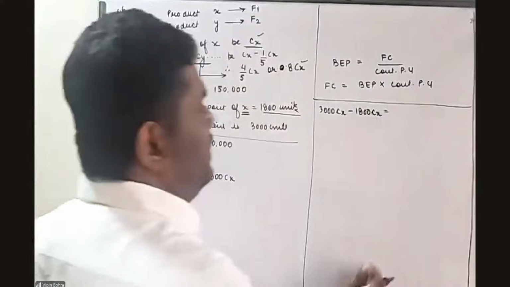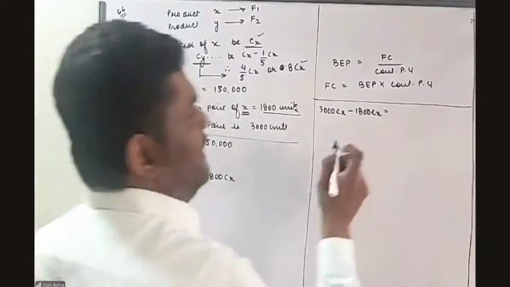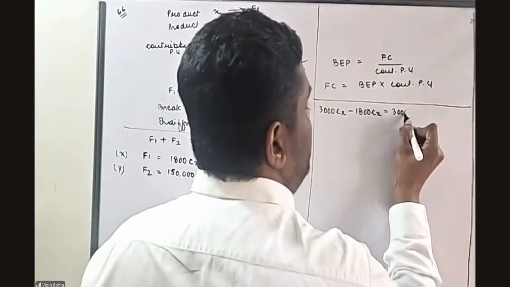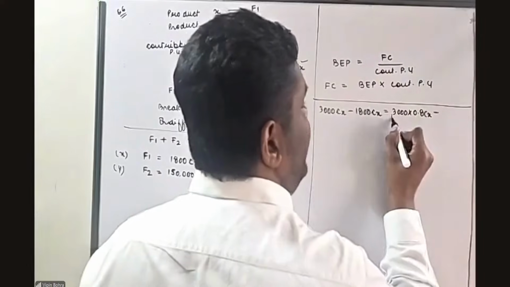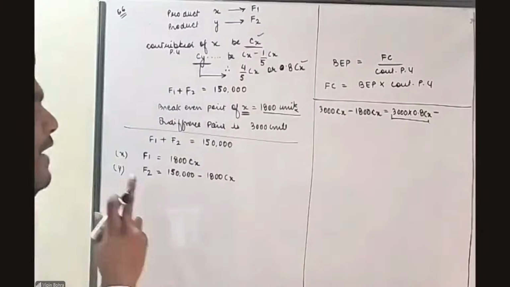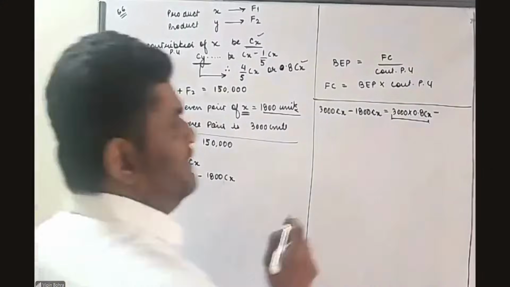It should be equal to the contribution per unit of Y, that is 0.8 CX. So 3000 into 0.8 CX is the contribution, minus the fixed cost F2, which is 1,50,000 minus 1800 CX.